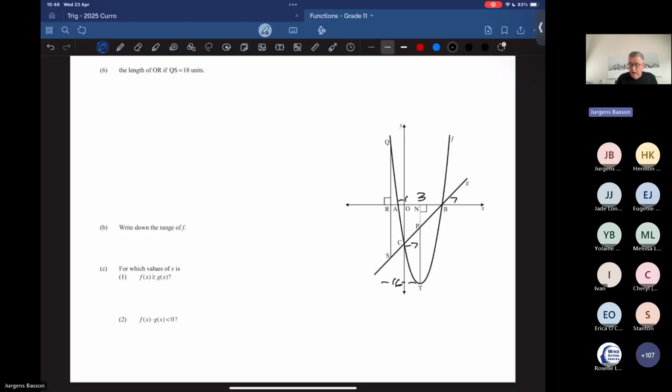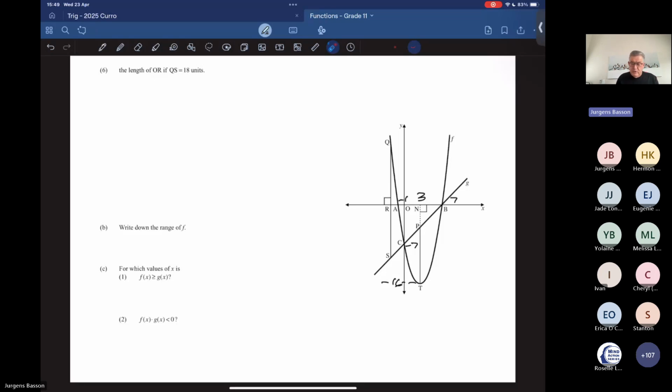And we want OR, which is a horizontal distance from 0 to R. So we need the x value. But they gave us the length of QS, this whole length here of QS. So how do we find that length?